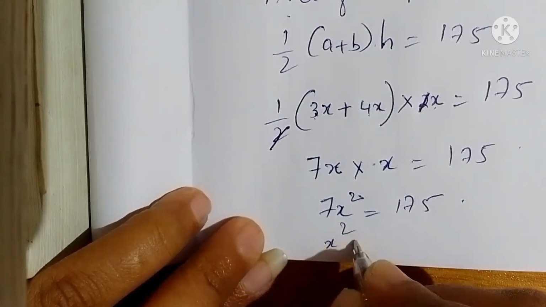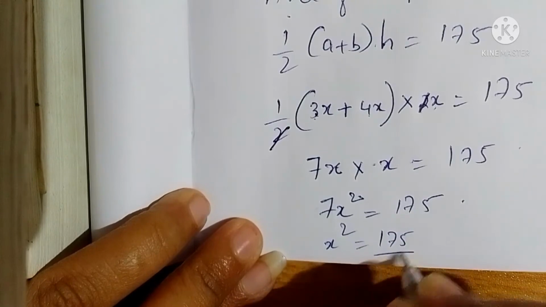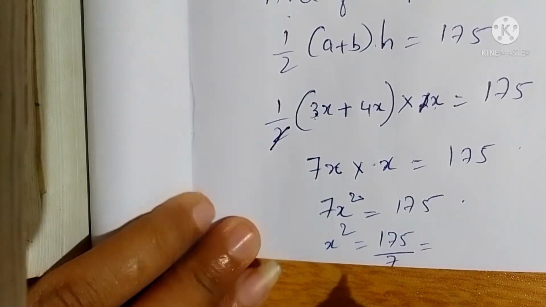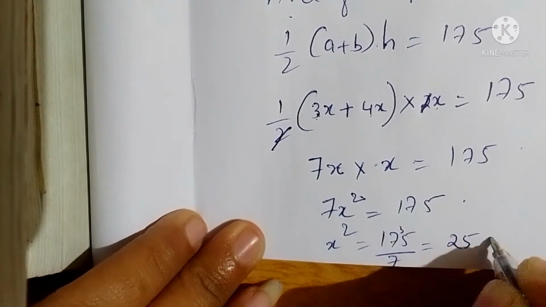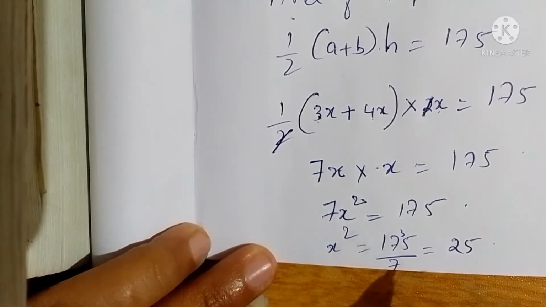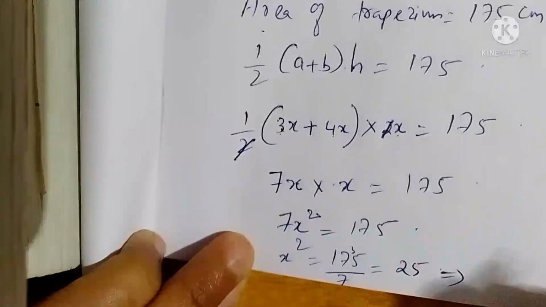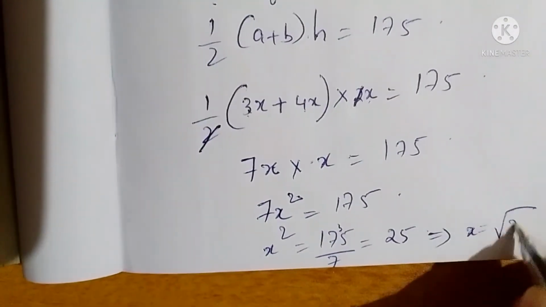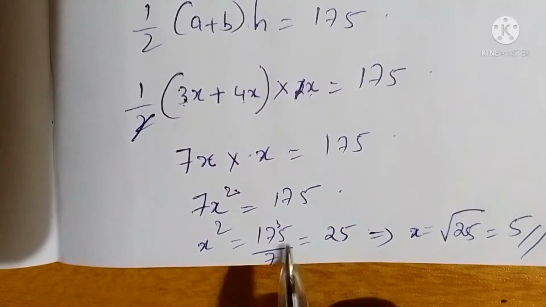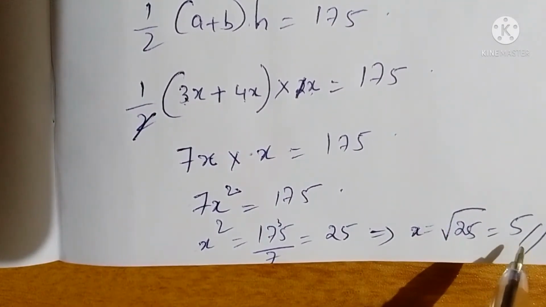So x square equal to 175 divided by 7. 7 into 25 is 175, so x square is 25, which implies x will be root 25, that is 5. So we get x value 5.